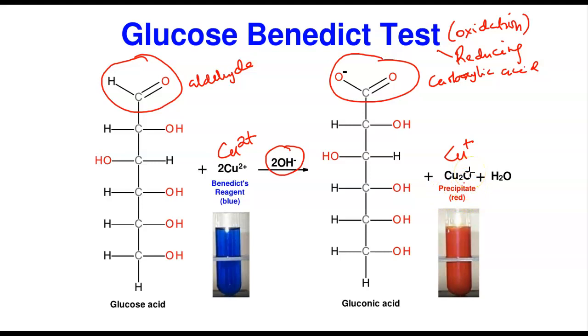So when you do this in the lab and any reducing sugar, either glucose, fructose or galactose, is present, the Benedict solution changes to a brick red precipitate, telling us that there is a reducing sugar. So this is the application of the oxidation of aldehyde, and we're going to be seeing this in the laboratory as well. Glucose here is converted to an acid, and that acid is called gluconic acid.